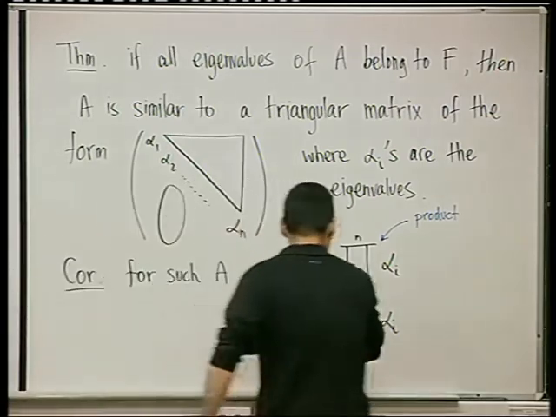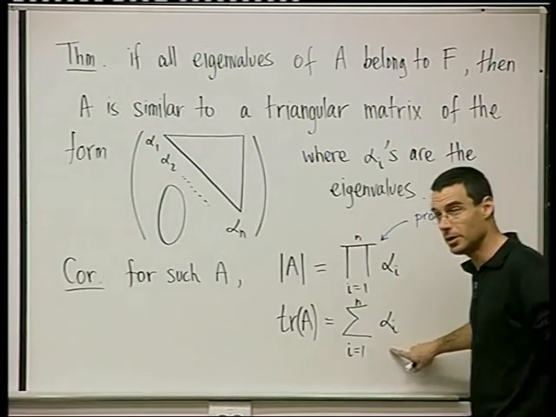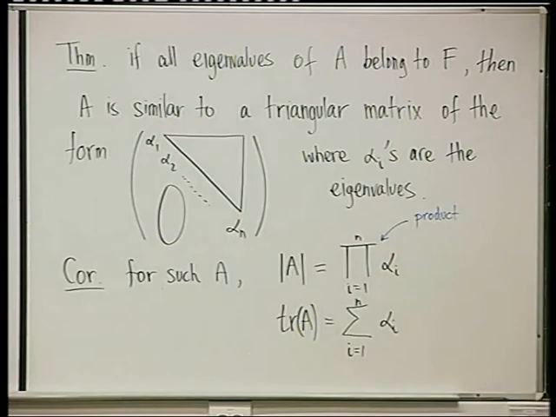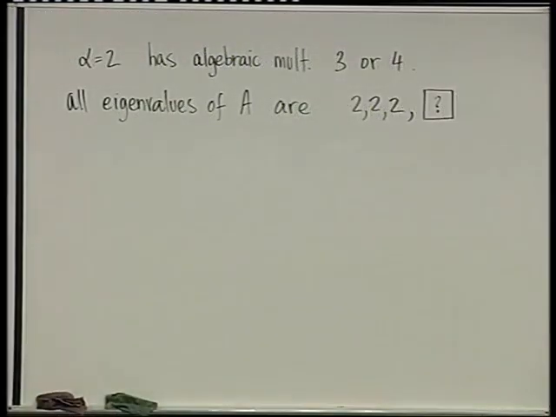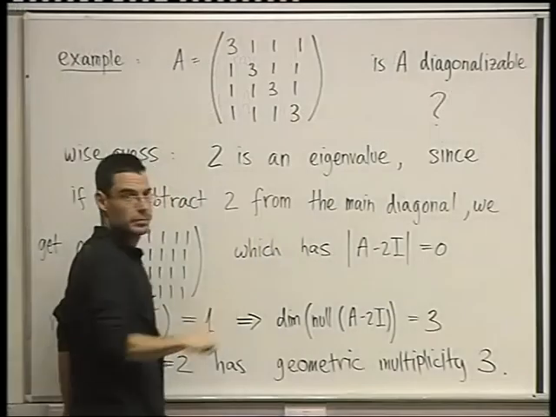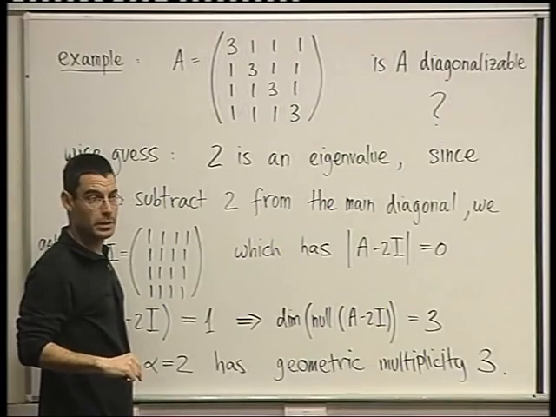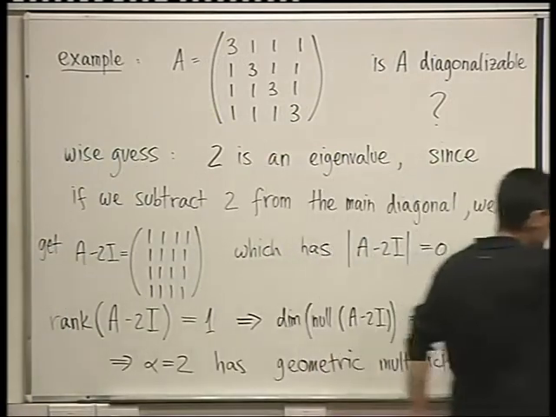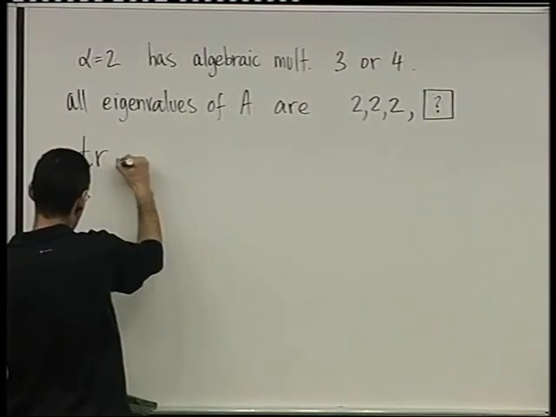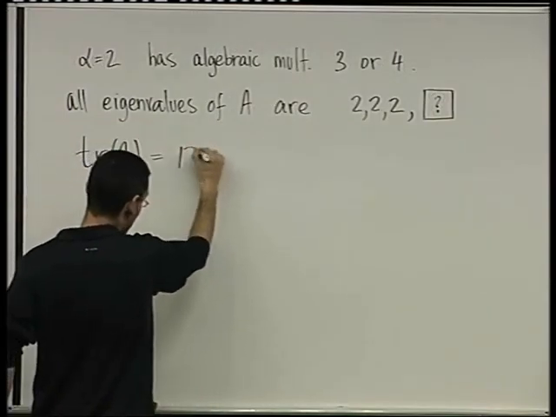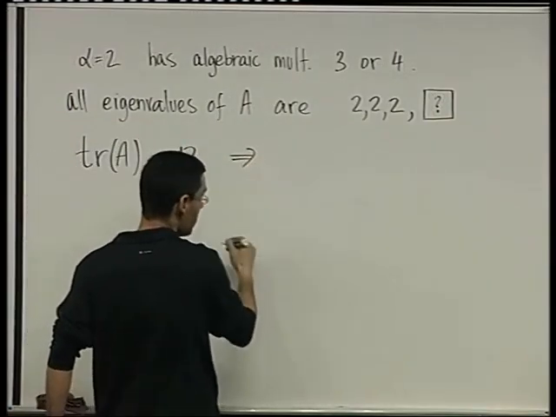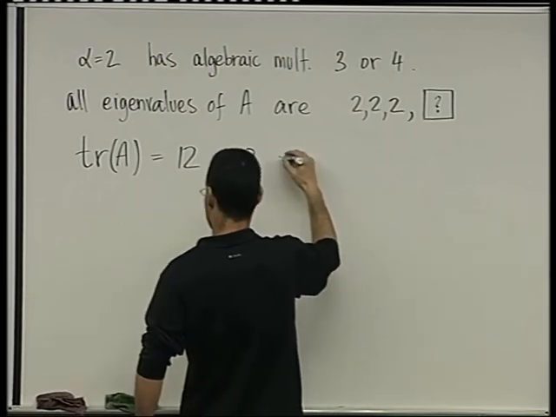The trace of A is the sum of the eigenvalues. Now I'm going back to this board. The trace of A is 12. Do you agree?